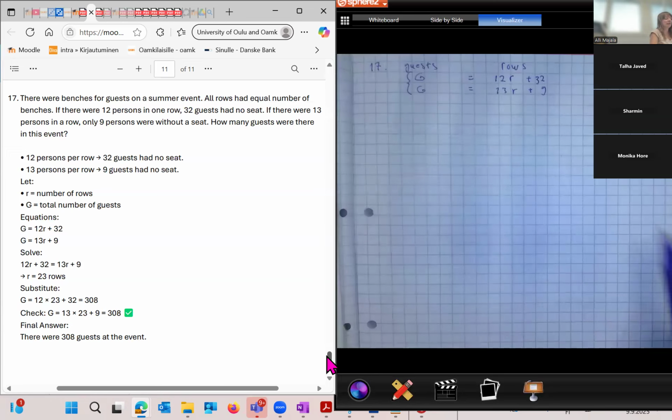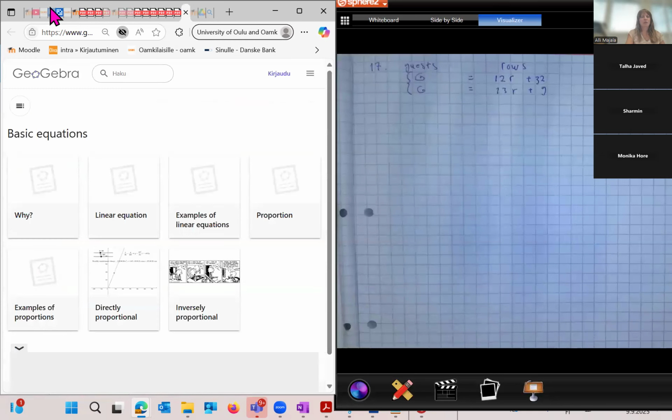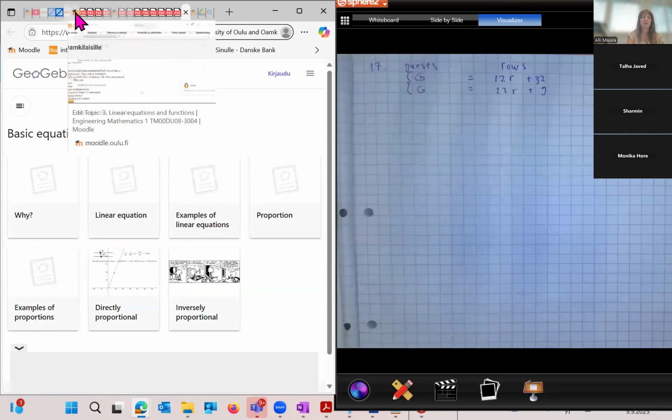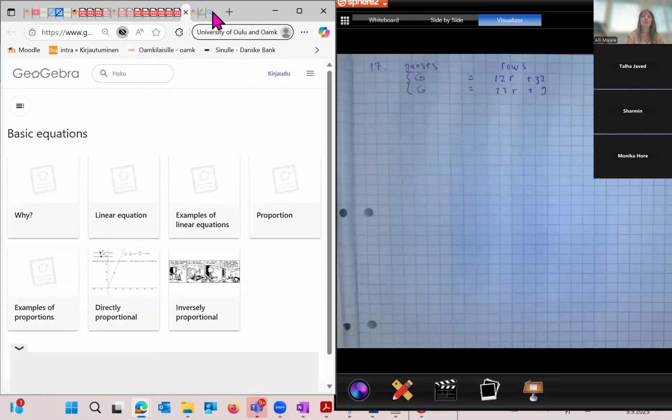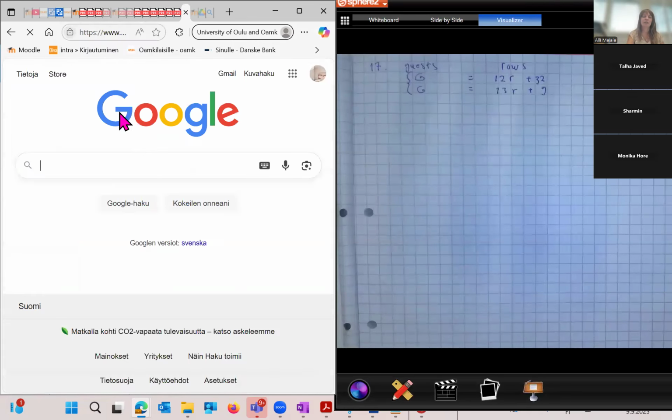Okay, I'll show this quickly in GeoGebra. I hope it works. No, I'm in the wrong place again. First there, because I can't Google anything without putting it to Google.